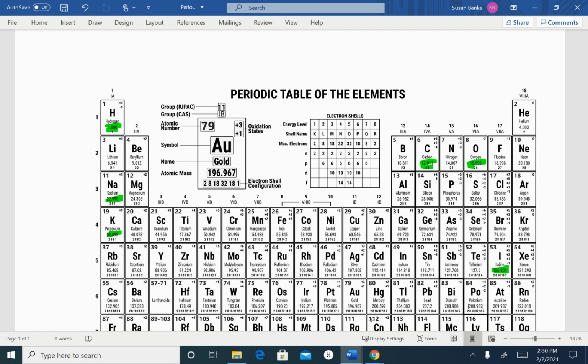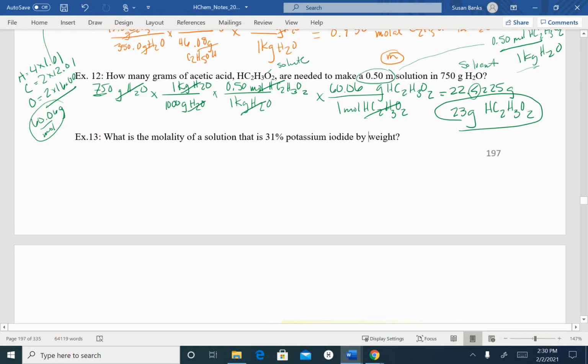And iodide is in the second to last column, the halogens, so it's going to have a -1 charge. So if potassium is a +1 and iodine is a -1, I'm going to need one of each to create potassium iodide. So the formula for potassium iodide is just KI.